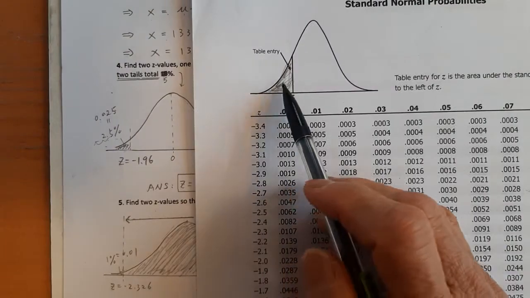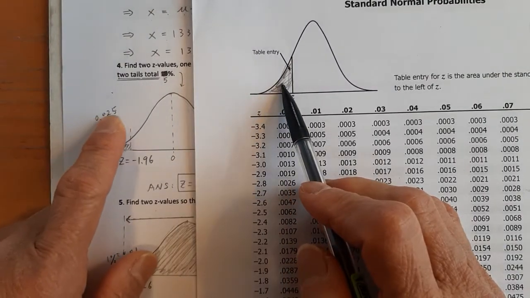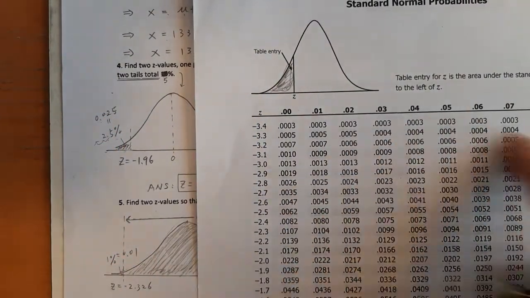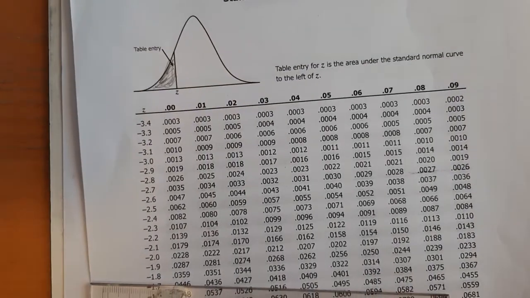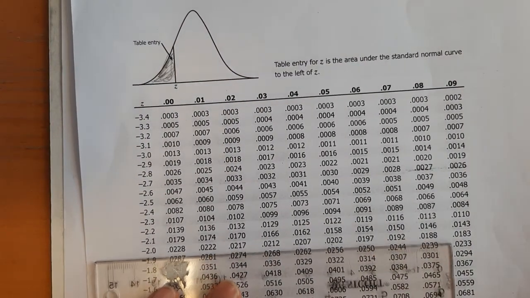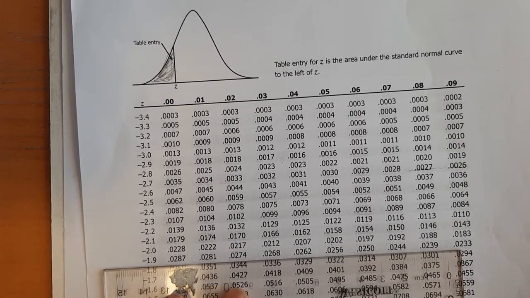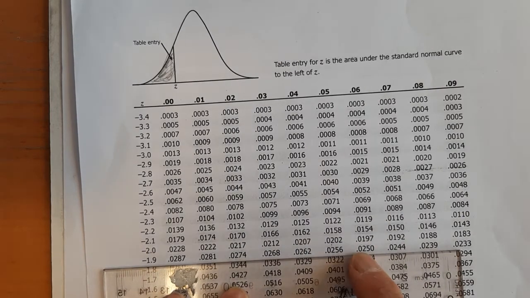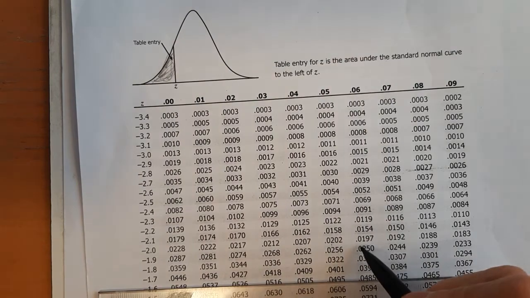What we want is the area 0.025, so we look at the body for 0.025, here.